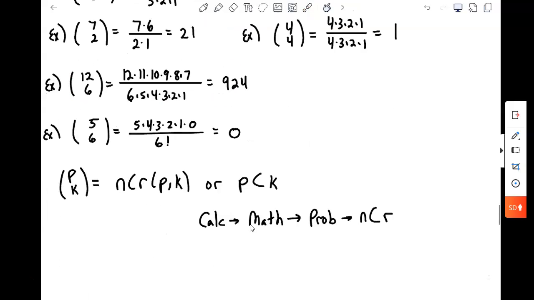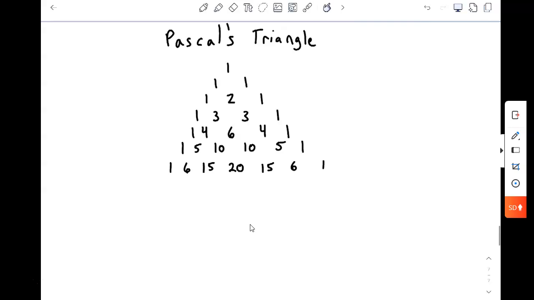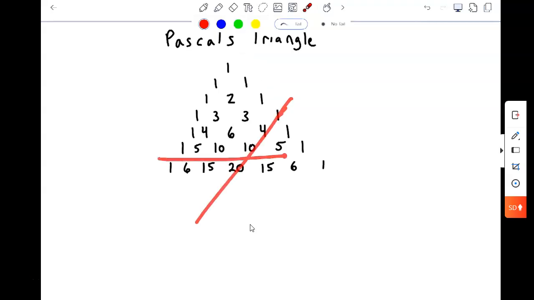So if we go to our Pascal's triangle, 5th row, this row right here, we need our 3rd diagonal. The first one's 0, so 0, 1, 2, 3. So here we are in the 3rd diagonal, 5th row. You see 5 choose 3 is 10.